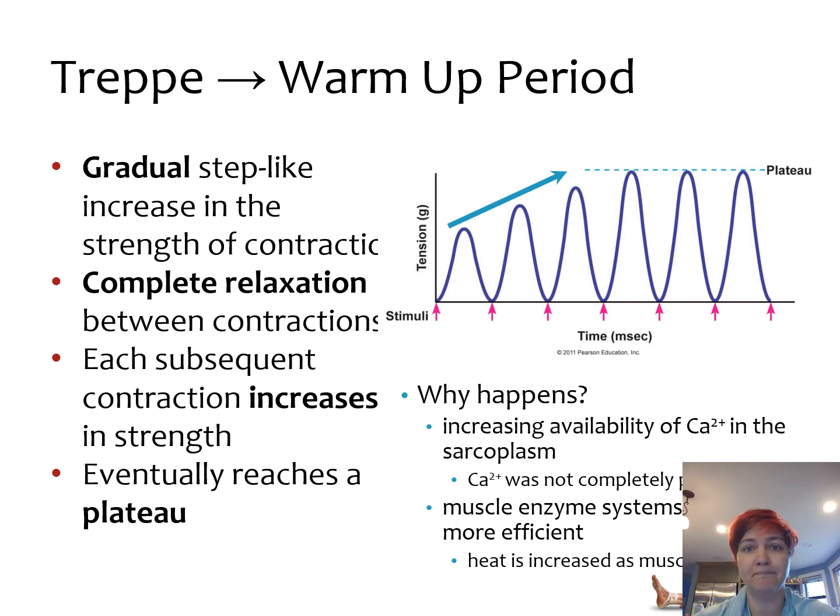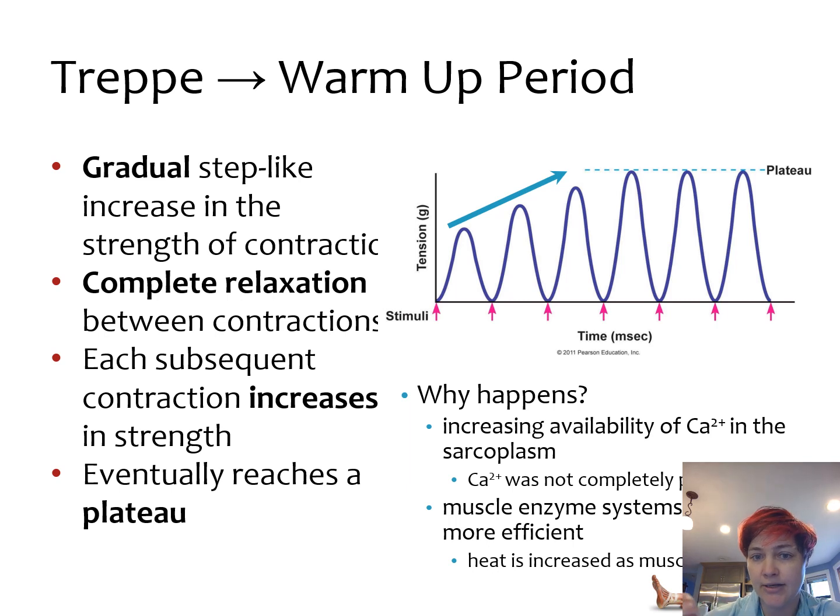So we're going to talk about treppe. Treppe is basically the French word for stairs. Don't those look like stairs? Okay. Treppe is important because you get complete relaxation after a contraction. So this is a gradual step-like increase in the strength of contraction.